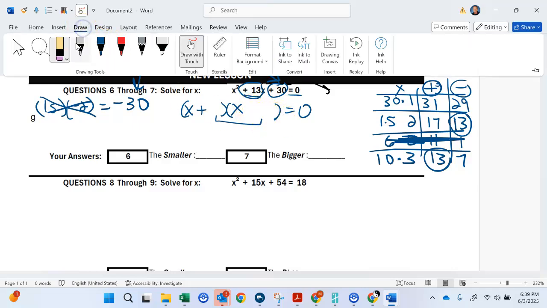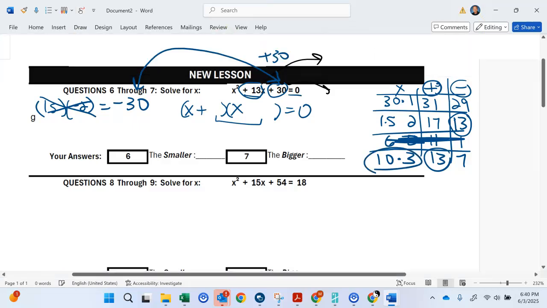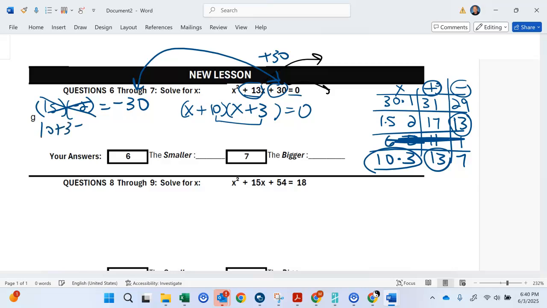Okay, so now we're going to do 10 and 3. So there we go. You add these together: 10 plus 3 equals 13. And 10 times 3, multiplication, is positive 30. So those are the numbers.